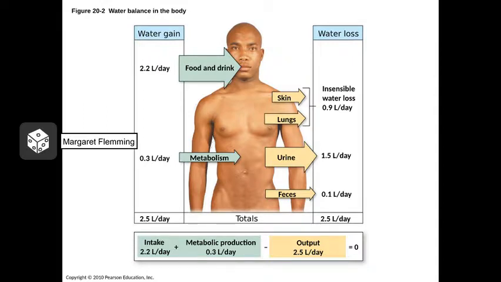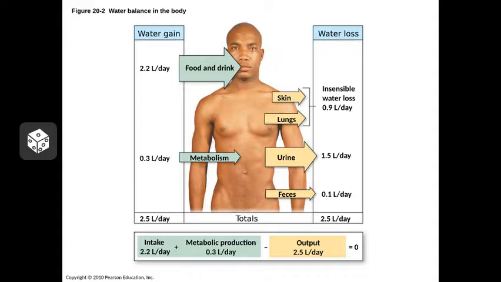I'm using this image from the other book. I think it's a little bit more dramatic than the one in your textbook that shows you, in essence, water balance in the body. In general, when we talk about law of mass balance, we are talking about the amount of a substance that is eliminated has to equal the amount of a substance taken in.